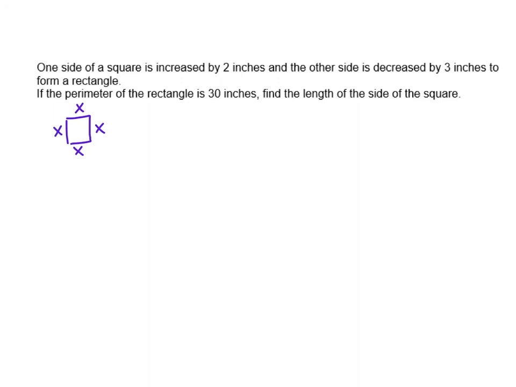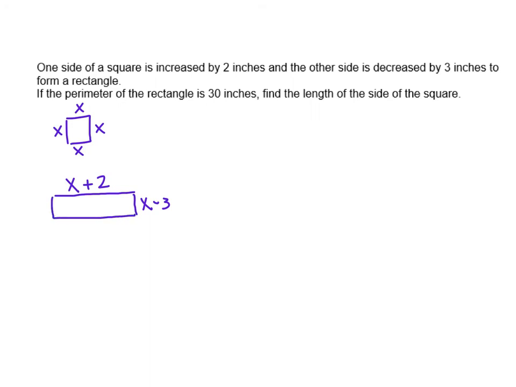It says one side is increased by 2 inches. So I'm going to take my length and increase it by 2 inches. And then it says the other side is decreased by 3 inches. Decrease is subtraction, so we're going to subtract 3 inches.